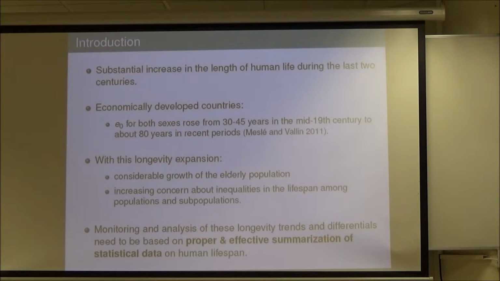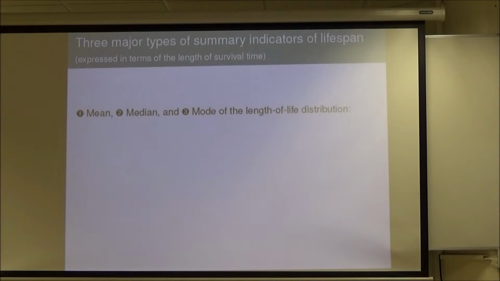So in order to monitor and to analyze these longevity trends and differentials, we need to use proper and effective summarizations of statistical data on human lifespan. Now, in terms of the length of survival time, there are three major types of measures of the overall lifespan, and these are the mean, the median, and the mode of the length of life distribution.